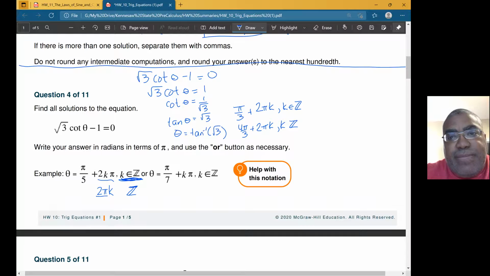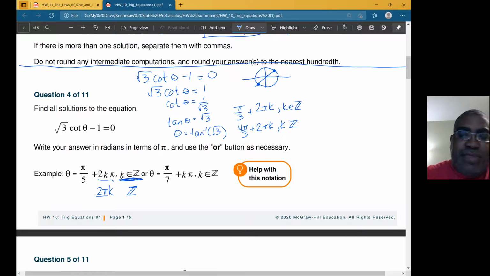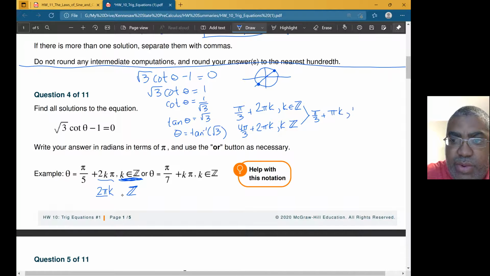All right, but if you look at where that is on the unit circle, that's saying here and here. So in other words, it's here, then I go around to here, then I go back around to here again, then here again. So I can combine these two things, and I can say pi over 3 plus pi k, where k is in the group of integers.